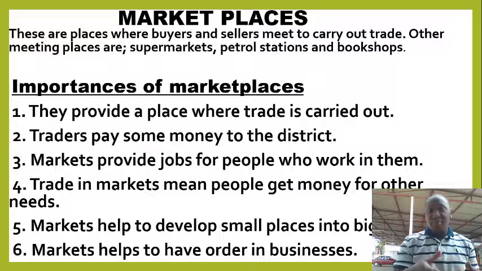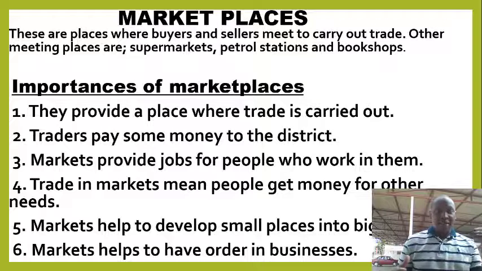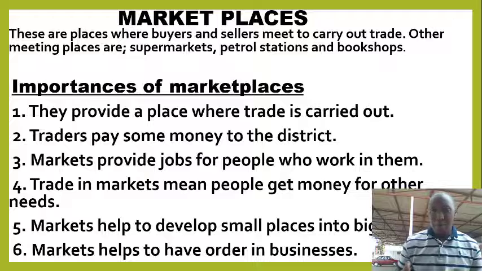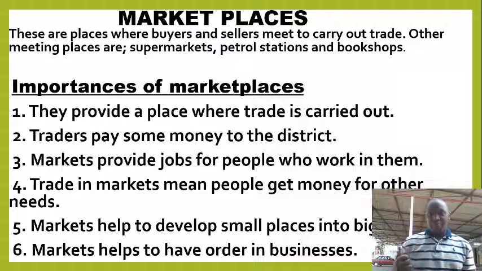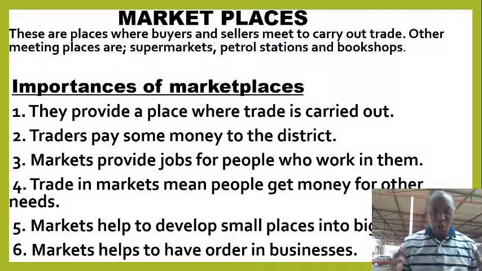And that one brings us to point number 6, where everything is in order. You know, if you want bank services, this is the building I will go. There are so many banks there. If you want foodstuffs, you know where to go. Kimiroko Market, Nyamirambo Market, or Kabeza Market. You know where to go and where to find specific things.